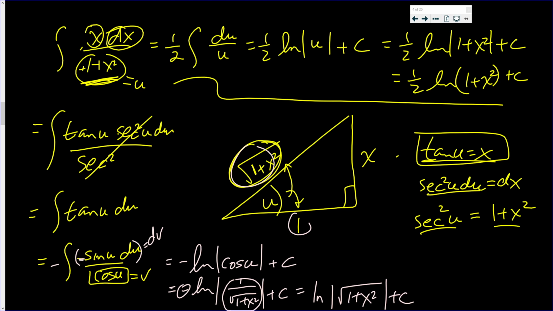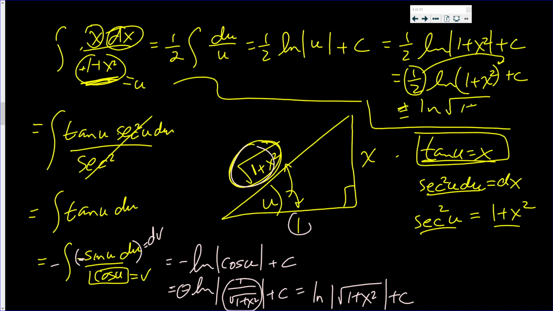And now I need to explain. I was going to say that they're different, and I have to explain where my mistake was. But remember, this half can go up as the exponent. So it's just ln of the square root of 1 plus x squared plus c.